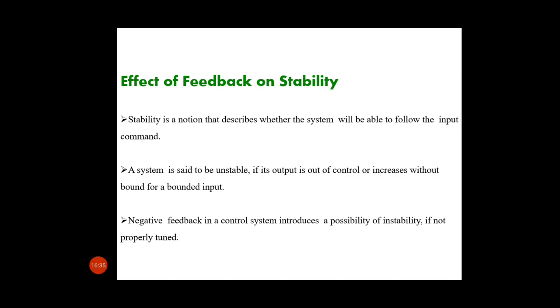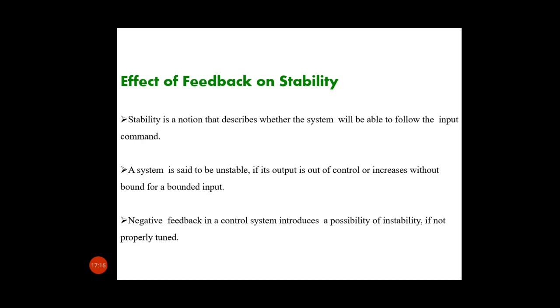If your GH is equivalent to minus 1, you are losing your control. That's why you need to take care of the feedback to control stability, because feedback has an effect on stability. You need to take care of the feedback to get better stability of the system.